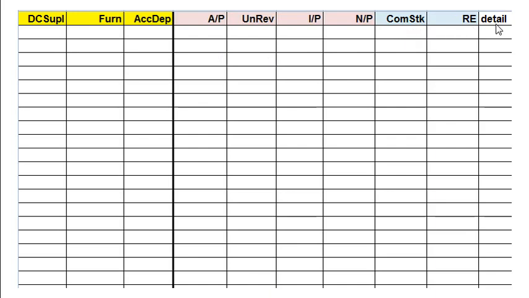Off to the right of retained earnings, I've got an extra column with detail. The detail is where we will put information about every account that we record in retained earnings. Because remember, what's going into retained earnings is all of the revenue, everything that would hit any revenue account in a more formal accounting system, we're going to put into retained earnings in our simplified accounting system. Expenses reduce retained earnings.